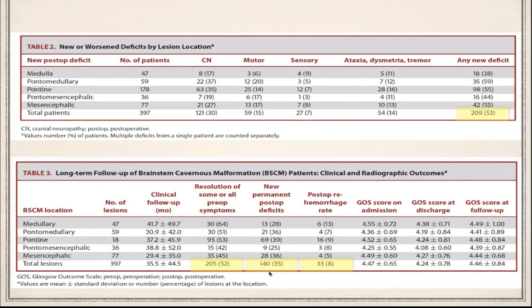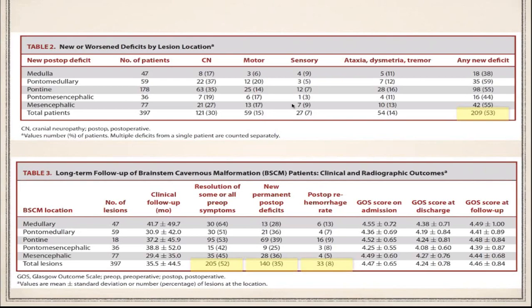New permanent deficits, 35%. Permanent, we're talking, not temporary. Post-op rehemorrhage rate, meaning essentially recurrent or residual lesion, is given in percent, but there is resolution of some of the pre-op symptoms in about half the patients. And this is, of course, in the hands of a world master.